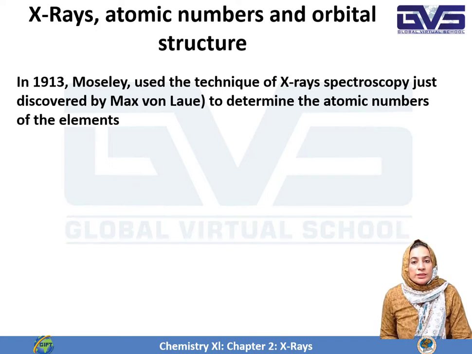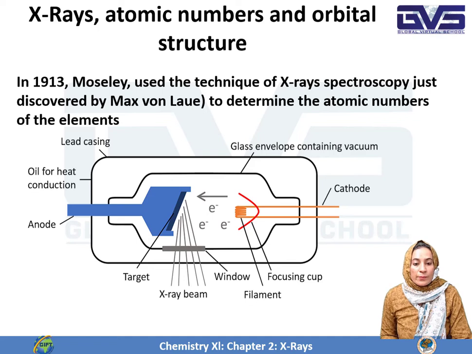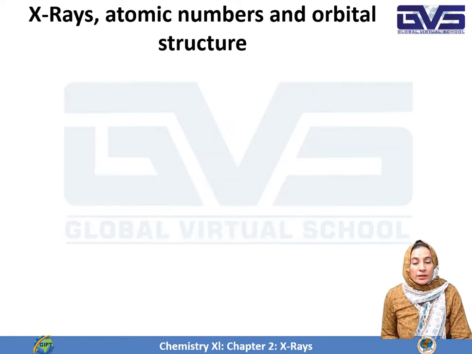He just used Max von Laue's technique to determine the atomic number of the elements. He used this apparatus and he changed this anode with different elements, and with the help of these X-rays he determined the atomic number of the elements by these steps.